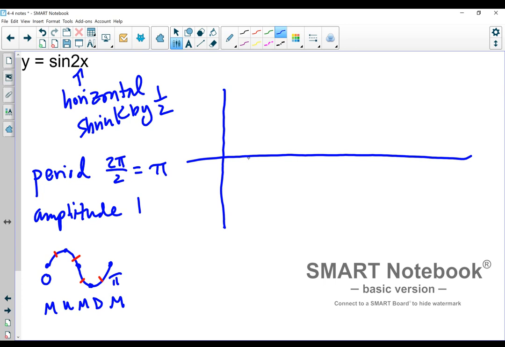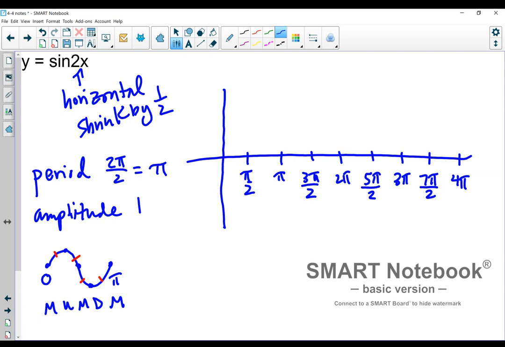So we're still going to label and do our parent function just because it's good practice. Let's see, pi over 2, pi, 3 pi over 2, 2 pi, 5 pi over 2. I'm going to get fancy this time and write 3 pi, 7 pi over 2, and 4 pi.